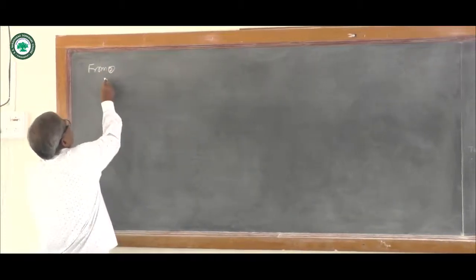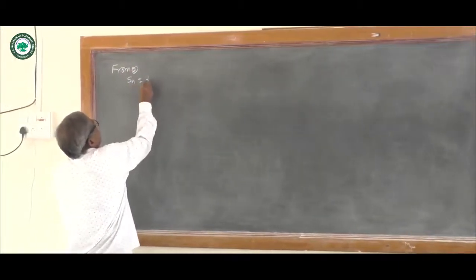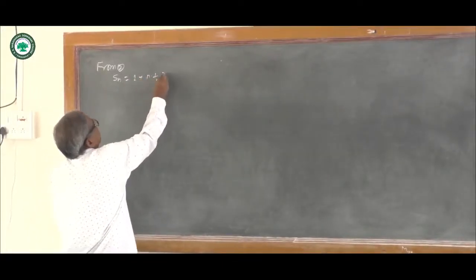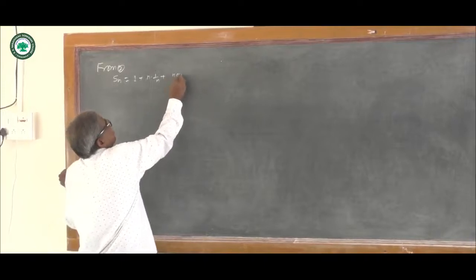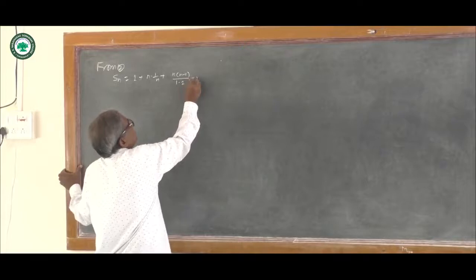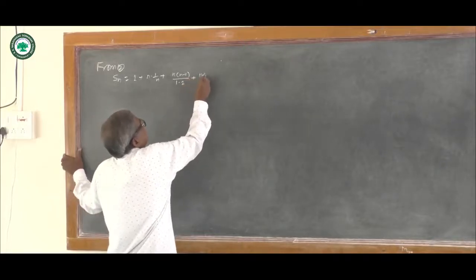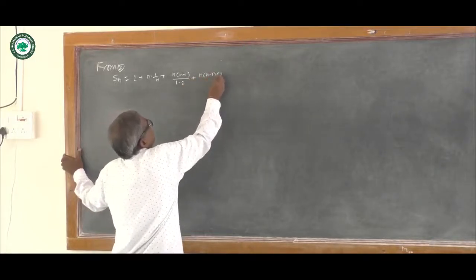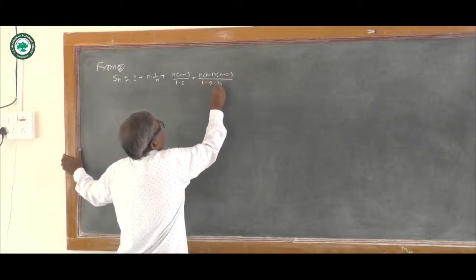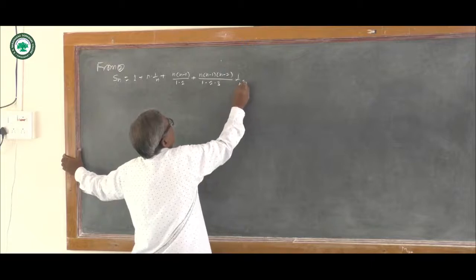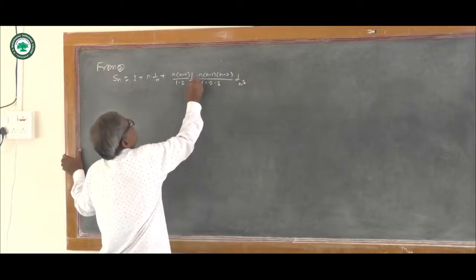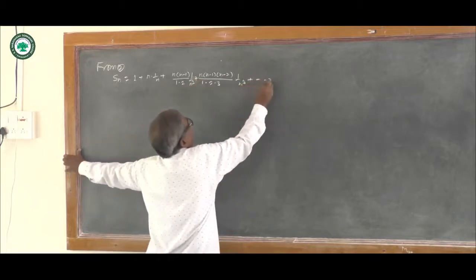Sn is equal to 1 plus n into 1 by n plus n into n minus 1 upon 1 into 2 into 1 upon n square, plus n into n minus 1 into n minus 2 upon 1 into 2 into 3 into 1 upon n raised to 3, plus and so on.